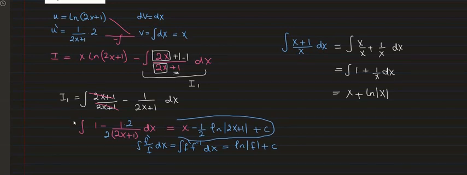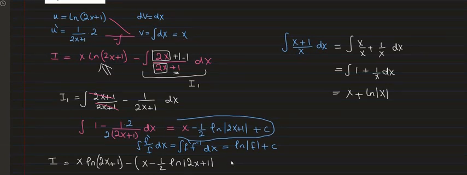So now our integration is the first part that we achieved here. Don't forget that part. This is the x ln 2x plus 1 from the by parts, minus that integration that we solved now, which we have to write between brackets: x minus half of the ln 2x plus 1, and then we close the bracket, plus c.